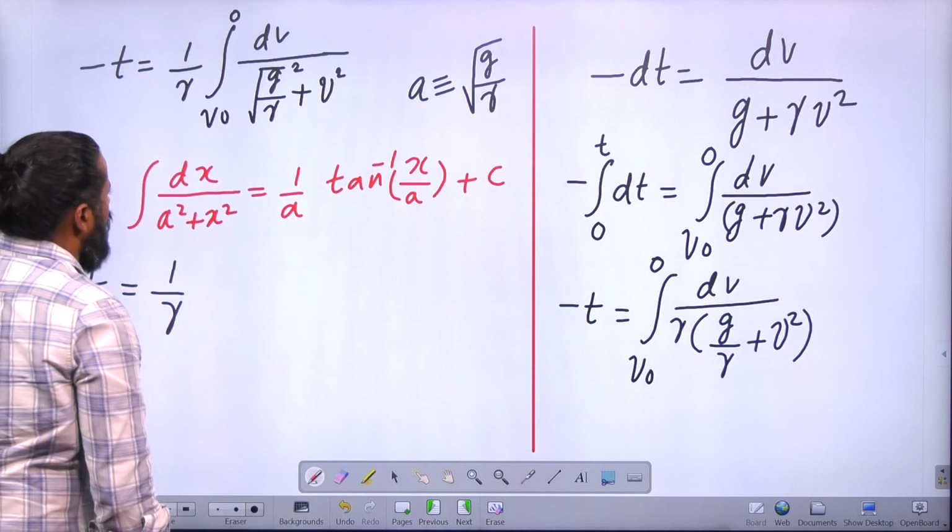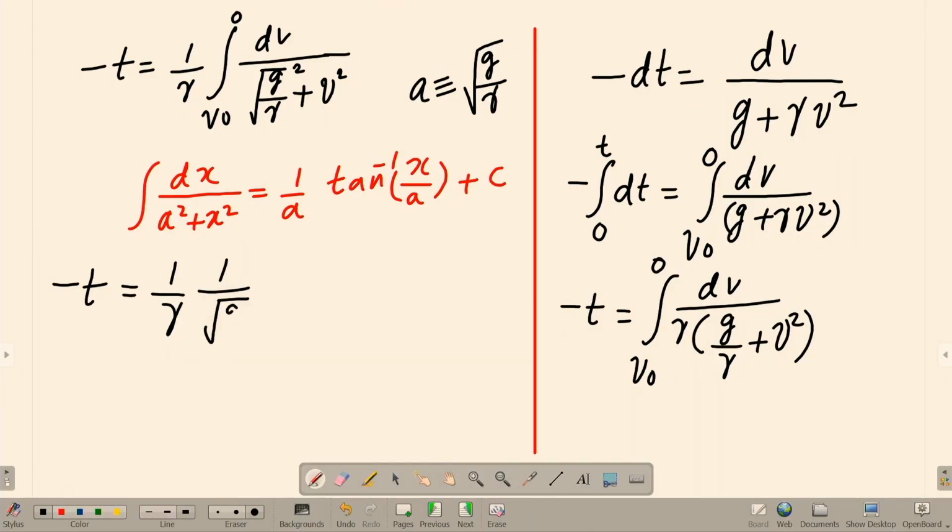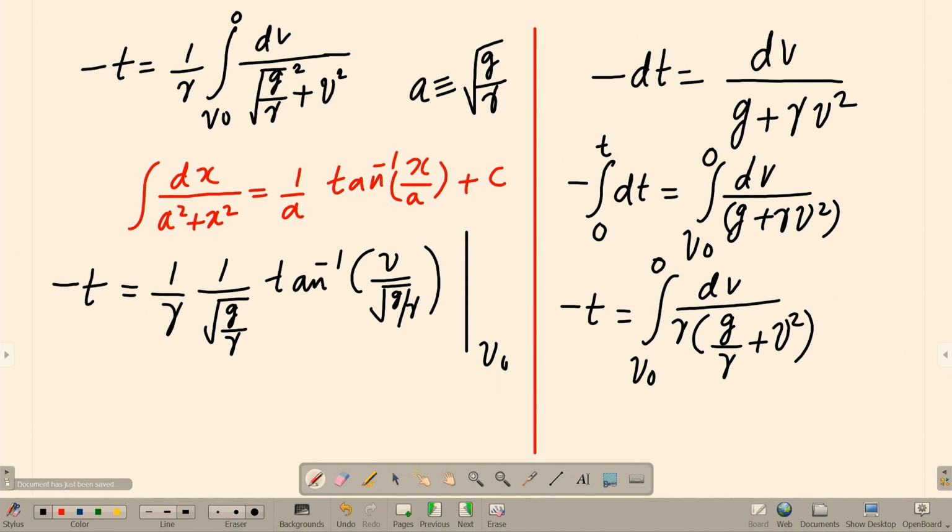So 1 by a is 1 by root of g by gamma, then tan inverse x by a. What is x? In our case x is v, divided by a, and a is again root of g by gamma. This is what you have to solve, and you have to apply the limit from v0 to 0.